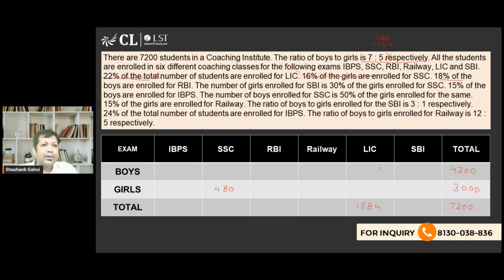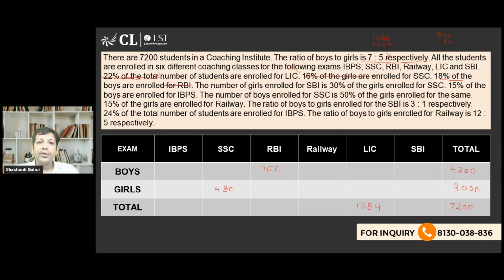How am I going to calculate 18%? 20% of 4,200 is 840, and 2% is going to be minus 84. So this comes out to be 756 boys enrolled in RBI, and that's what is given to us.